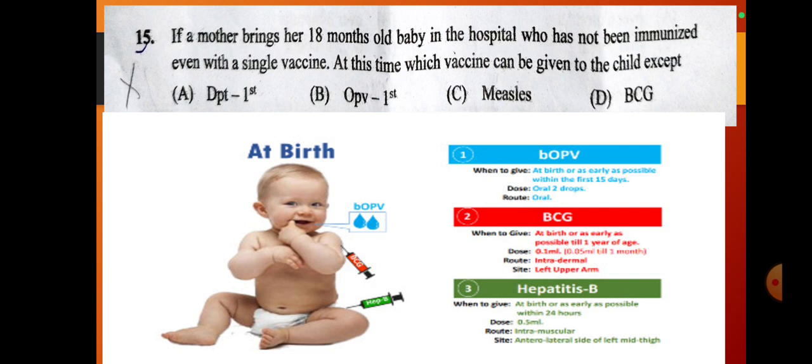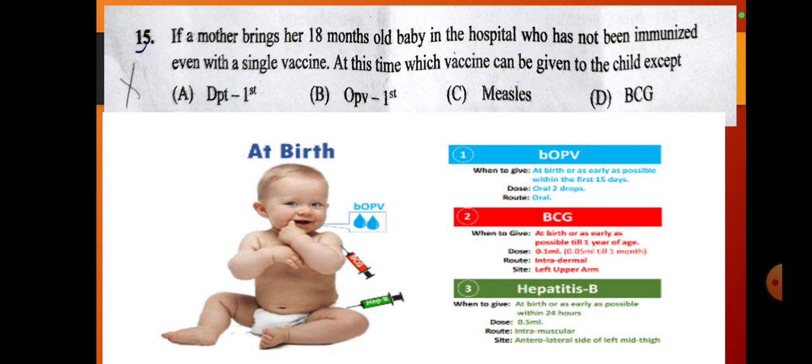The route is oral. BCG is given at birth or as early as possible till 1 year of age. The dose is 0.1 ml, 0.05 ml till 3 months. The route is intradermal and the site is left upper arm.